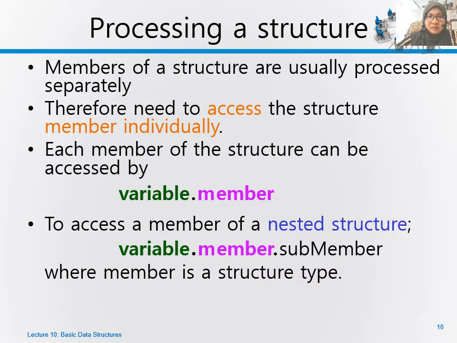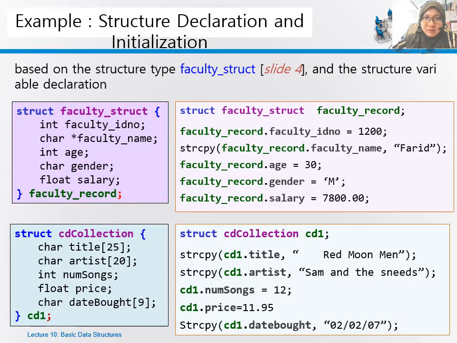Let us see more examples. Let us see this structure declaration and initialization example. Based on the structure type, faculty struct, remember the structure for the faculty, and the structure variable declaration, we have this faculty struct.